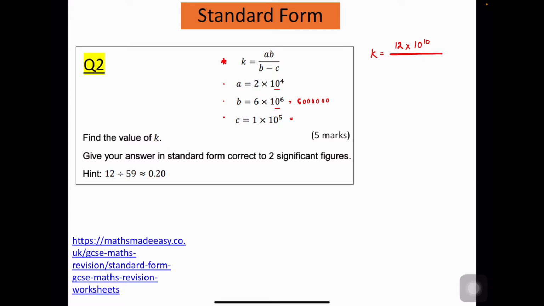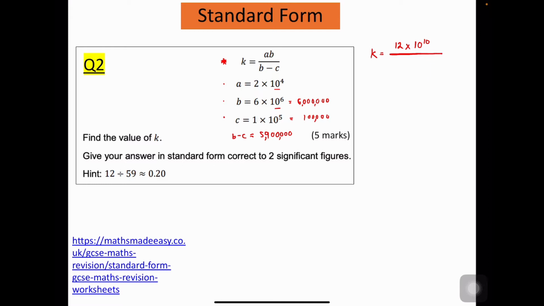And here we have, going to try to align it, 1 0 0 0 0. So B take away C is 5.9 million. I think that's it. Yes, 5.9 million.